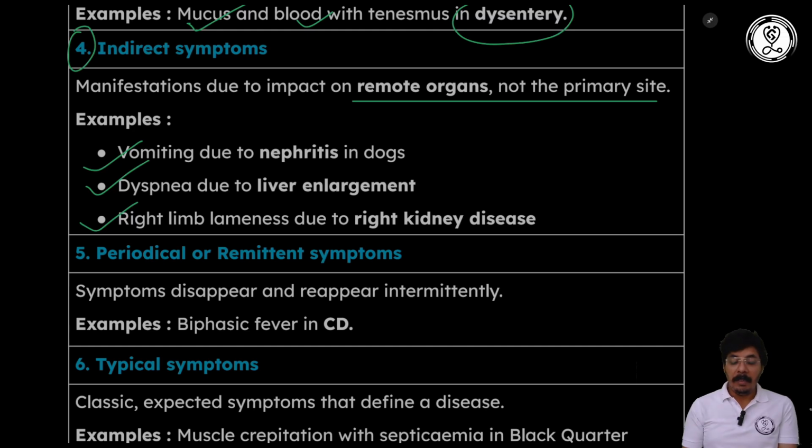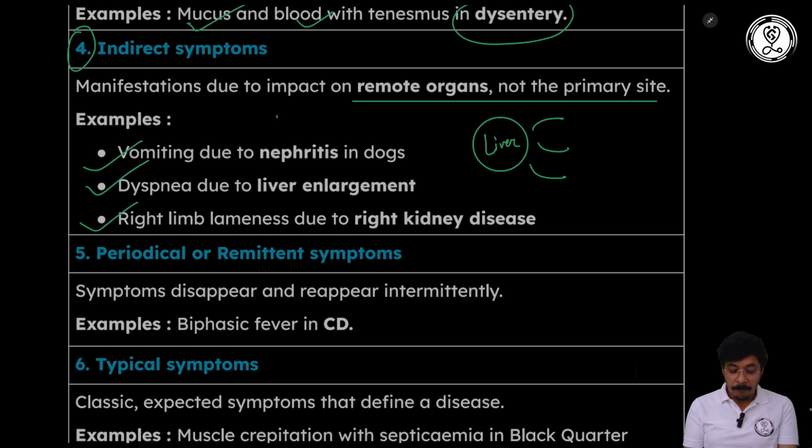For example, if the liver is the primary site, the adjoining organs of the liver will be affected. The prime infection was set up in the liver, but the manifestations or the symptoms will not be of the liver pathophysiology, the disturbed pathophysiology. Example, the first one is vomition due to nephritis in dogs.